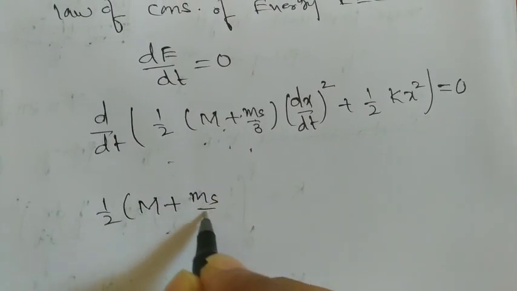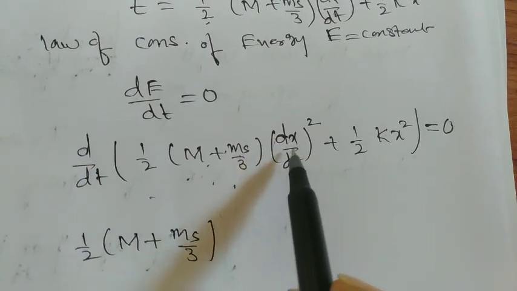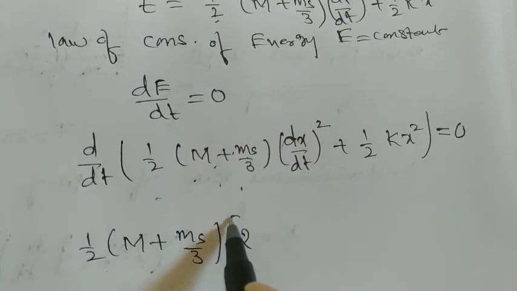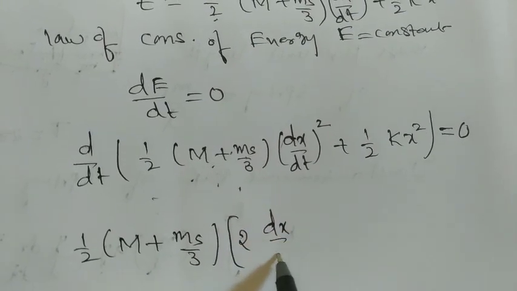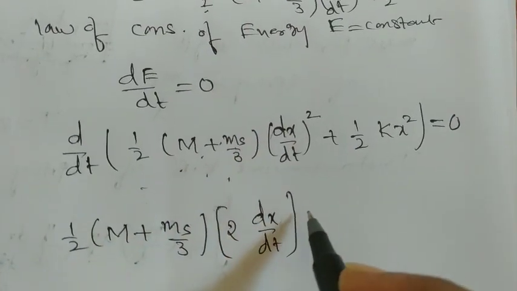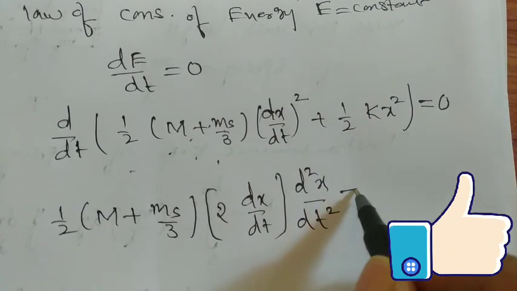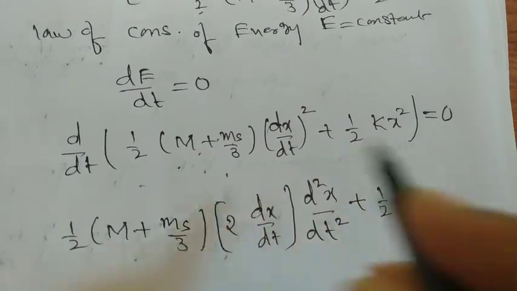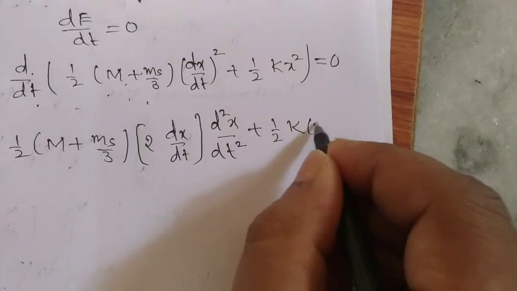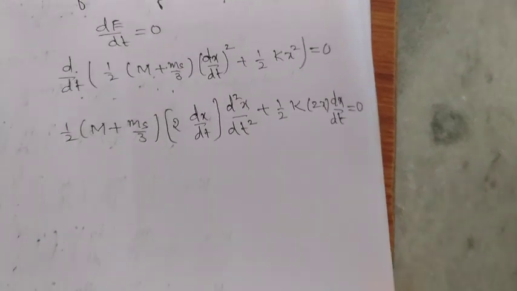Now d/dt of (dx/dt)^2 is 2 (dx/dt) times d/dt of dx/dt, which becomes d^2x/dt^2, plus k times d/dt of x^2, which is 2x times dx/dt, equals 0.